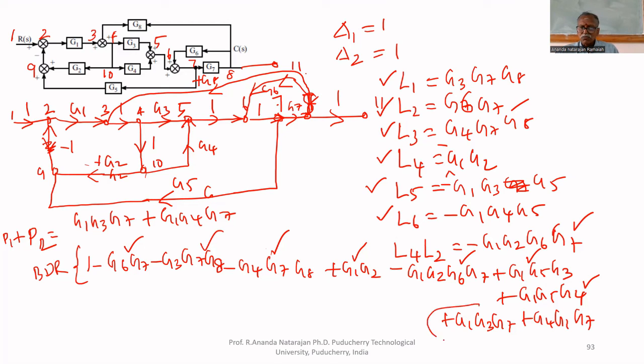Then left out are these two: G1, G3, G7 and G1, G4, G7. These two are forward paths.